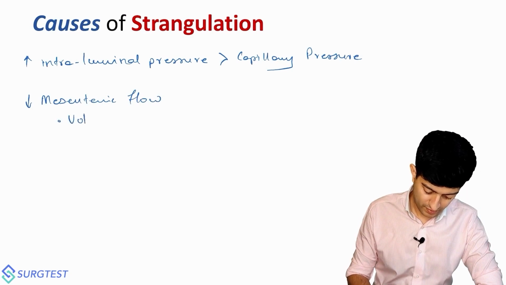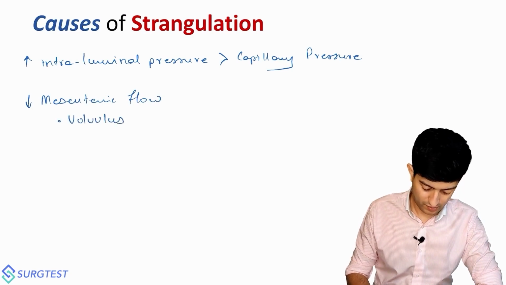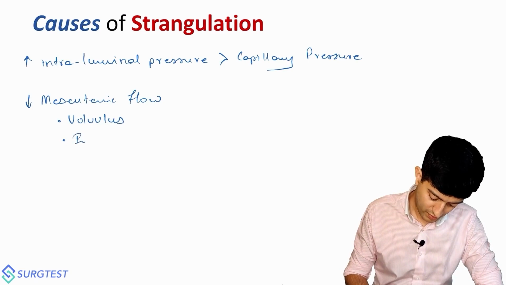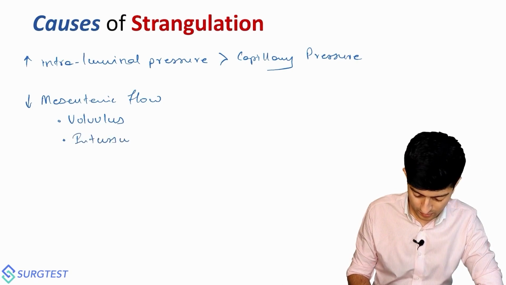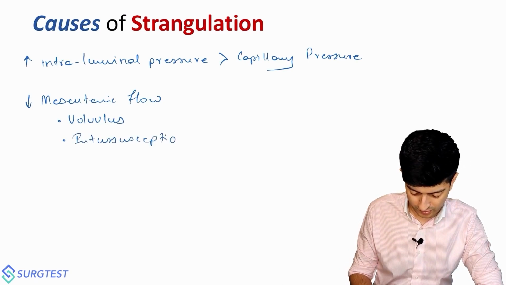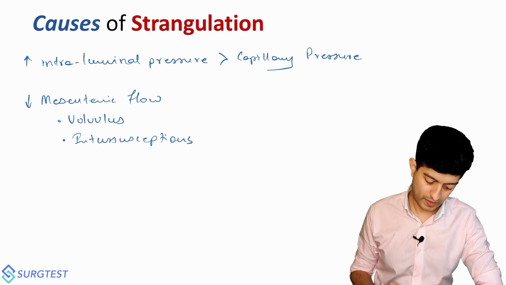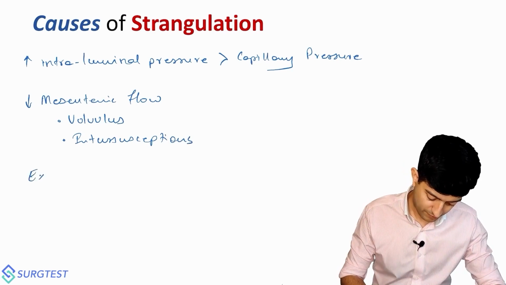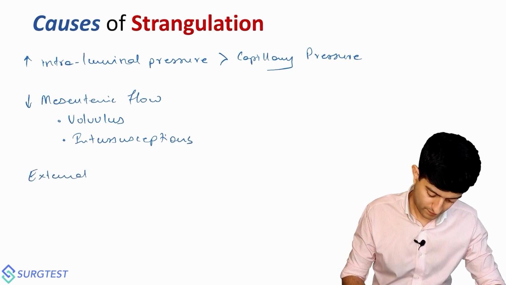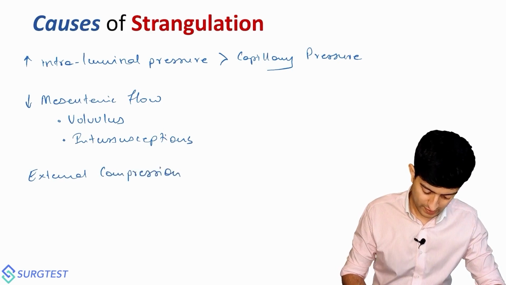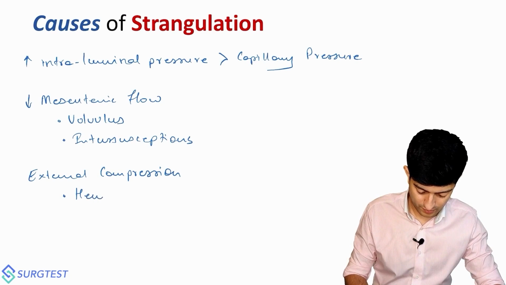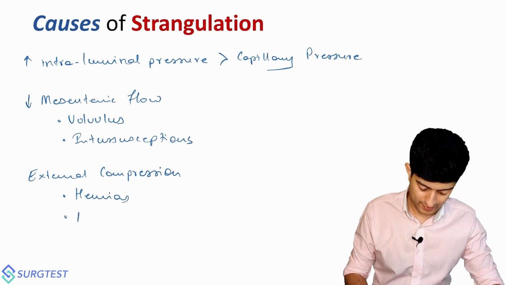This is seen in volvuluses, also seen in intussusceptions. The last one is external compression, classically seen in hernias and adhesive bands.